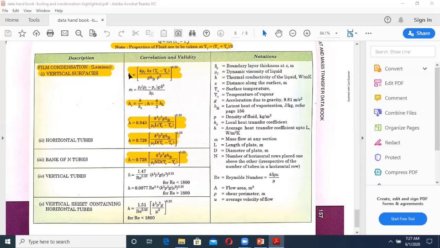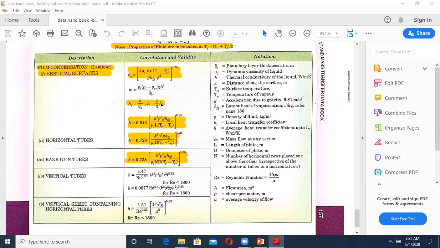Then this is delta L, that means the thickness of the boundary layer at the length L. Then find out the h_L value. h_L is the local heat transfer coefficient. It is k by delta L. Once you get the local heat transfer coefficient, to obtain the average heat transfer coefficient, you can use h is equal to 4 by 3 h_L.